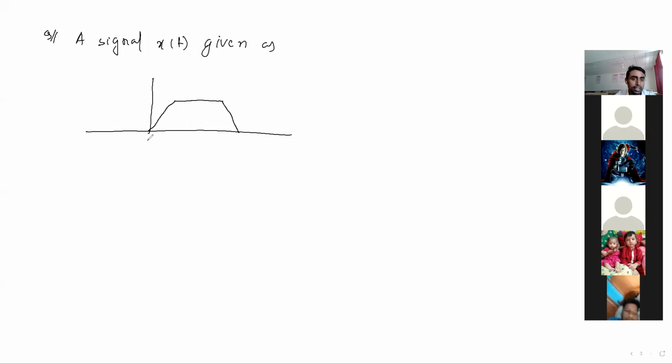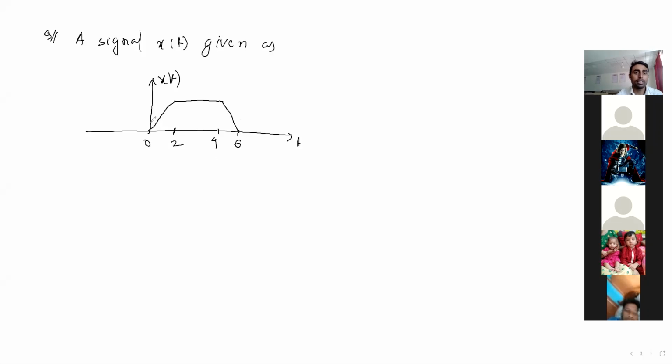This is x(t). It starts from 0 as a ramp up to 2. It has constant amplitude up to 4. Then its waveform decreases with another ramp signal, but the slope is negative, and it ends at 6.